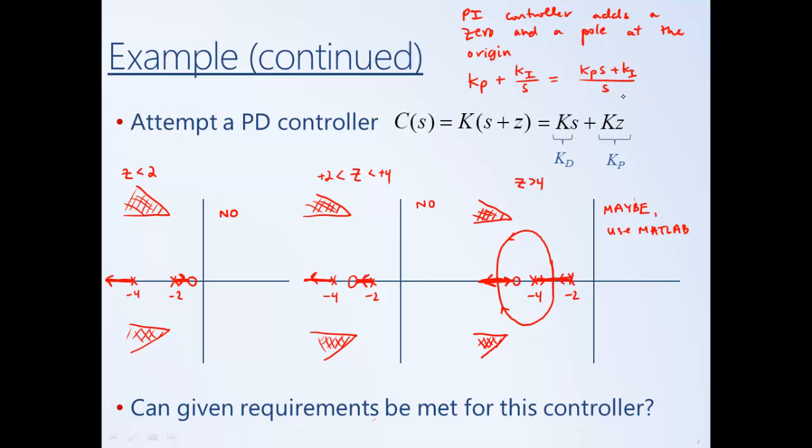And you can see that we have a 0. There's a value of s that will make the numerator equal to 0. And we have a pole equal to 0 at the origin. So this has the basic form of some gain multiplying a quantity s plus z divided by a pole at the origin, divided by s.